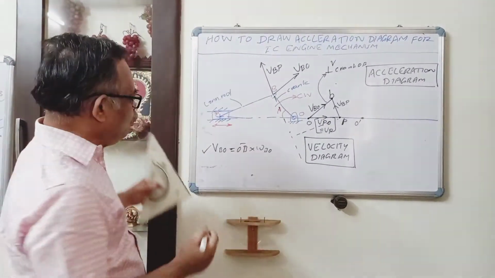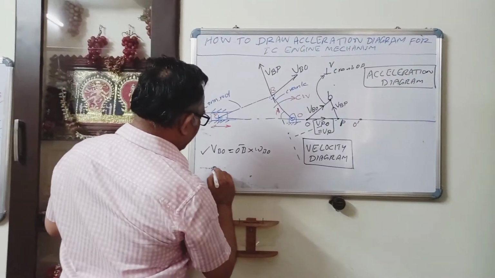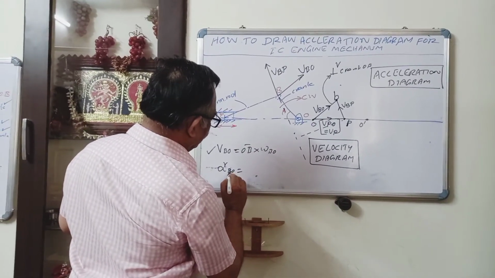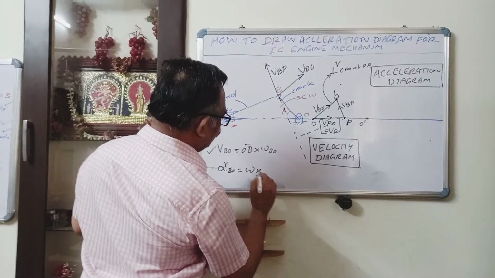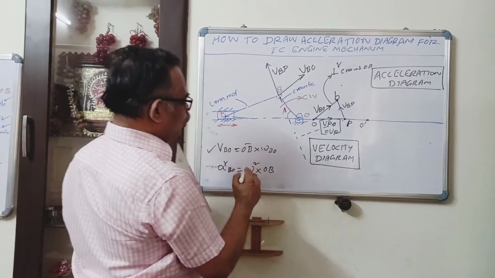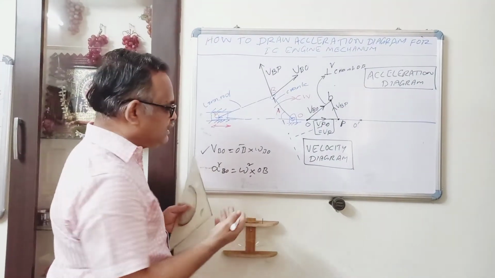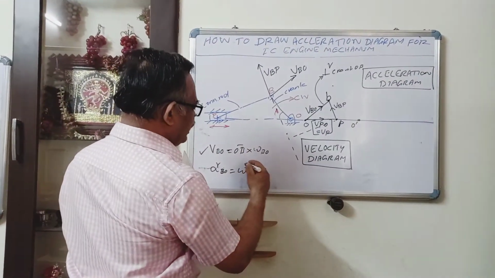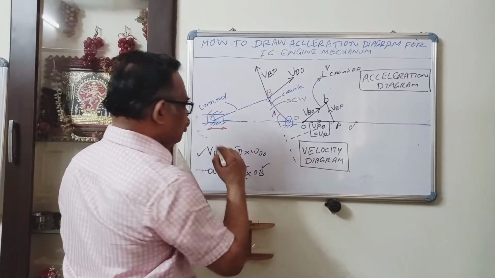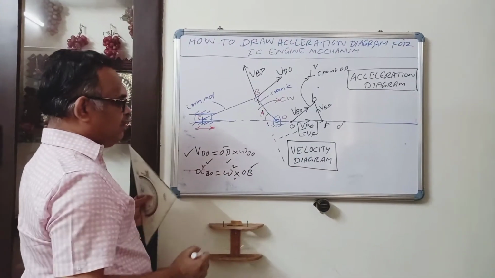As I told you earlier, acceleration radial BO is equal to omega square into OB. Omega is already known, omega is nothing but 2 pi n by 60, as I have already explained. OB is also known. So this is known, and we will calculate it.